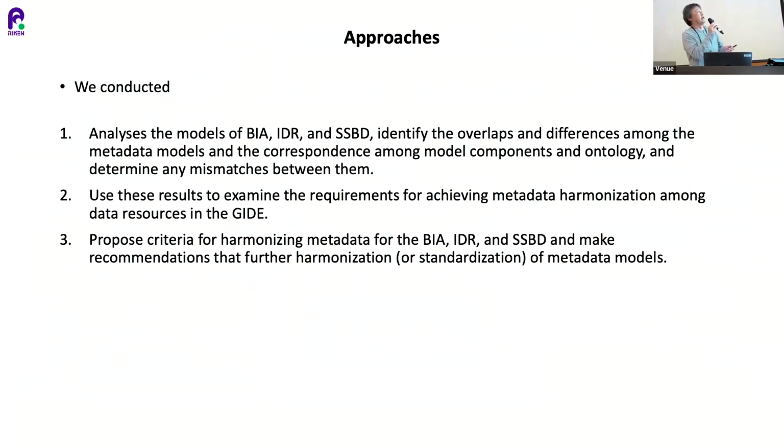We are looking into the model components of the ontology and determining the mismatches. Using this result, we examine the requirements for achieving metadata harmonization and make it into a guide, and hopefully propose criteria for harmonizing the metadata. That's what we are doing right now.